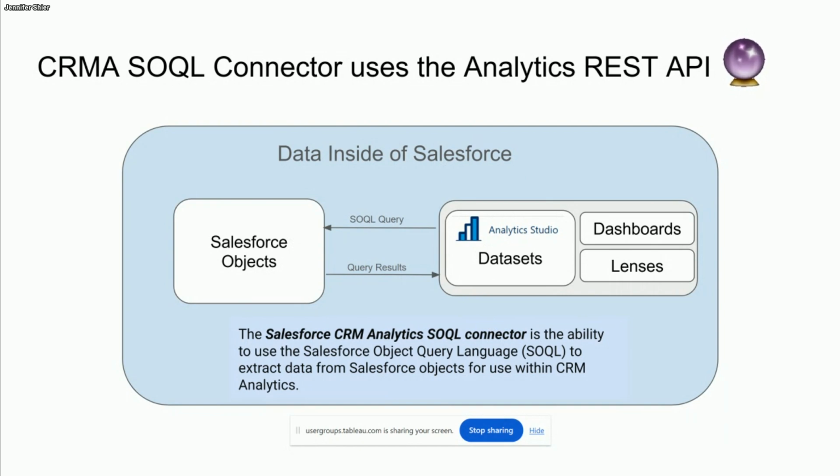It'll slow you down so you can't drain all the resources from the pod, because they don't want the other customers to be impacted, right? That's another topic for another day. But just know that if you do any kind of SOQL work directly from a dashboard, it will be expensive on your org.